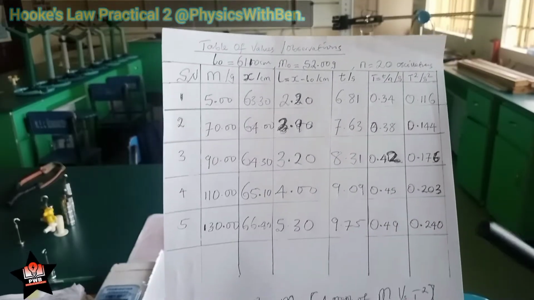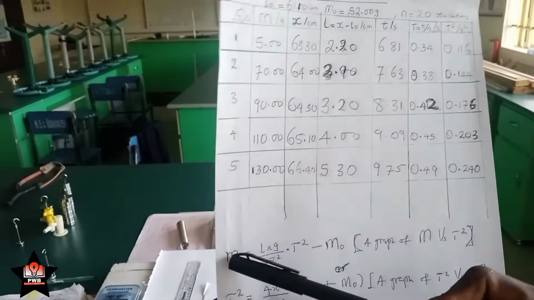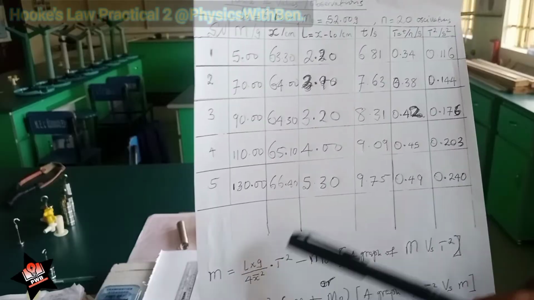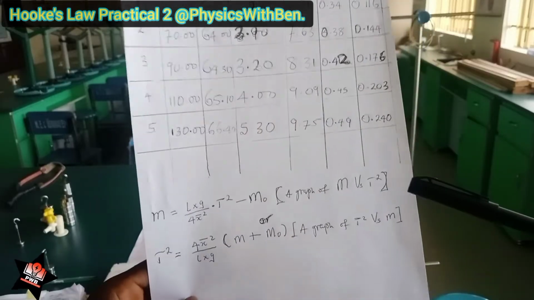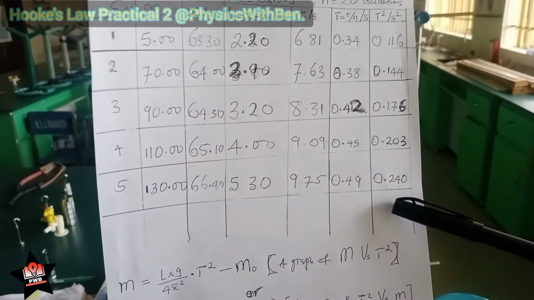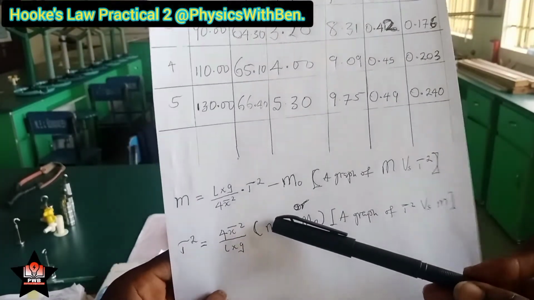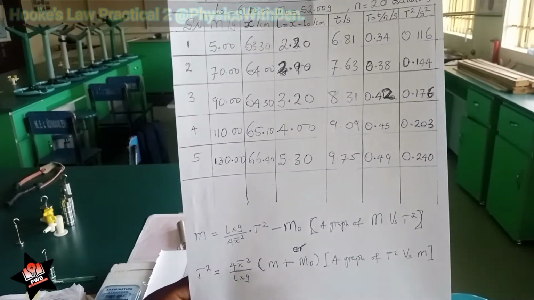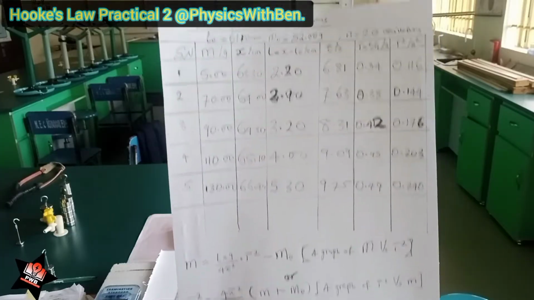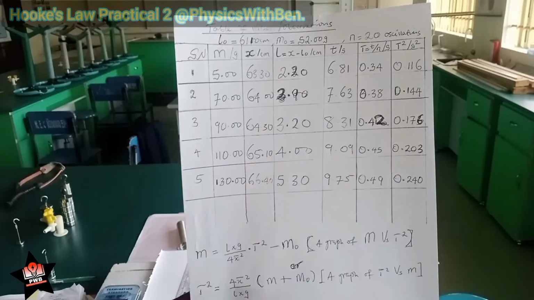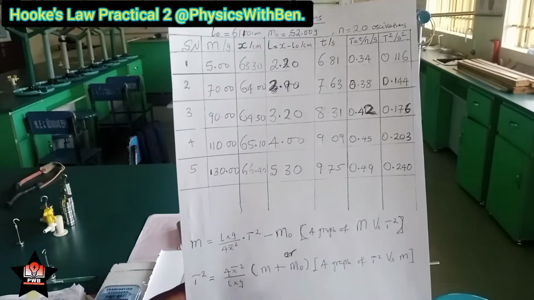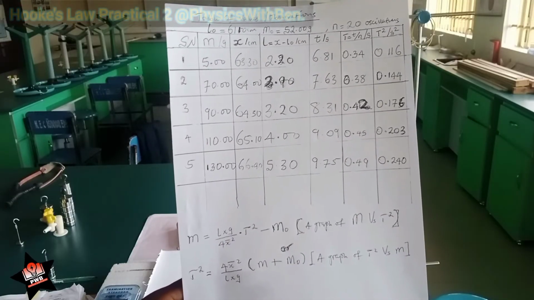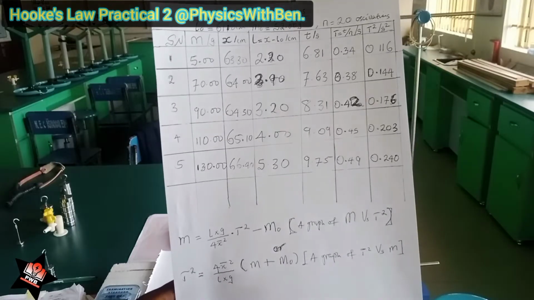So we have two options here to plot the graph: m on the vertical axis and T squared on the horizontal, or T squared on the vertical and then m on the horizontal. Class activity: for the sake of this video, I am plotting the graph of T squared against m, but you should help me plot the graph of m against T squared, and verify that m naught is 52.00 gram on the graph.